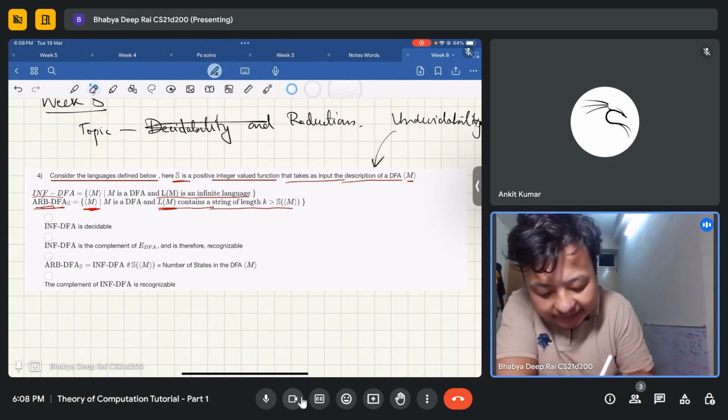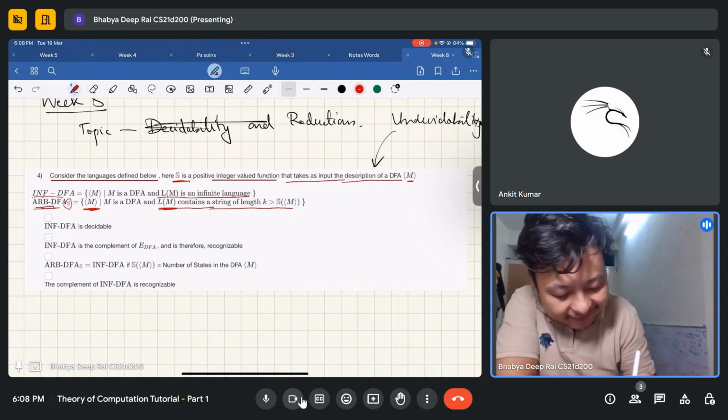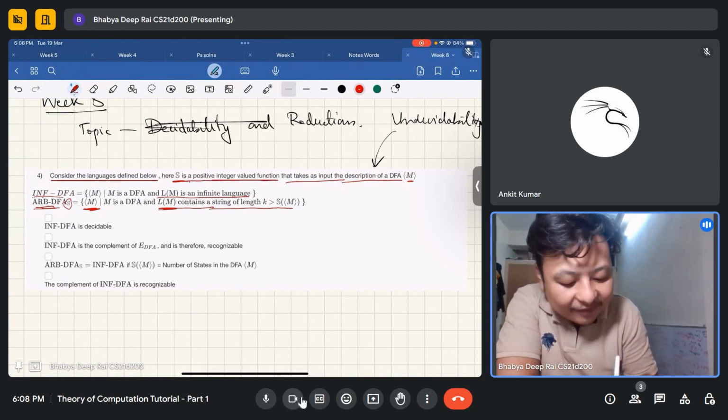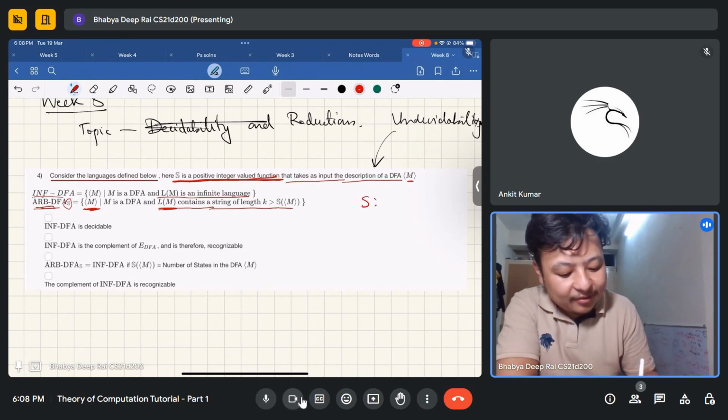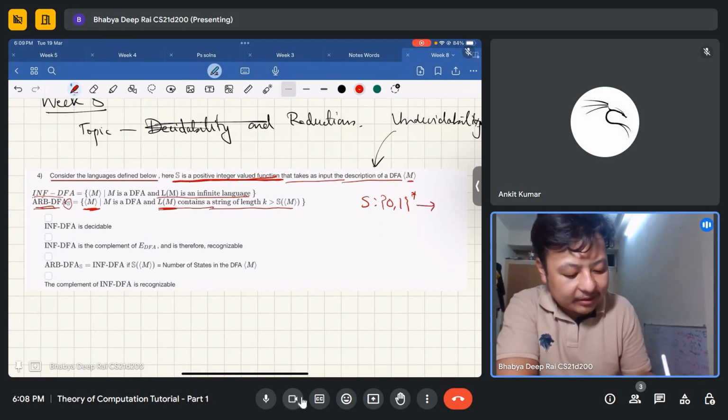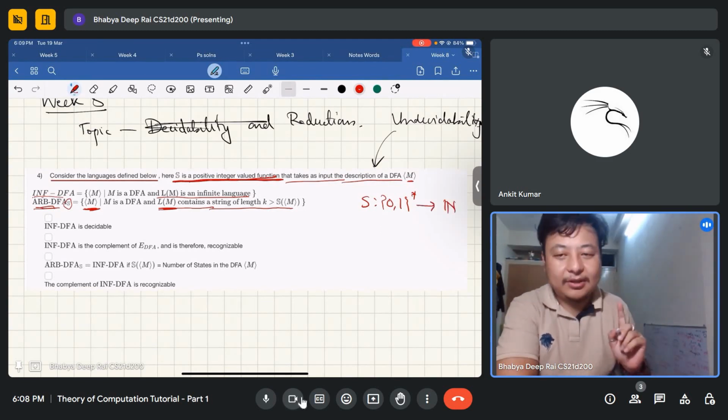So how have they defined S? S is a positive integer valued function. S takes some description of a DFA and then gives a natural number. That is what we are saying.